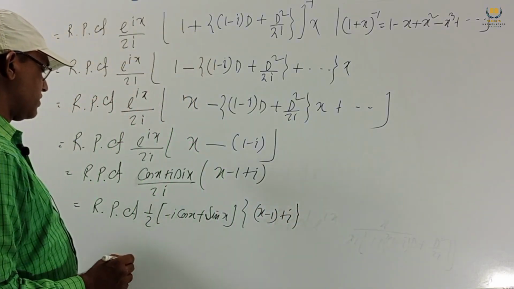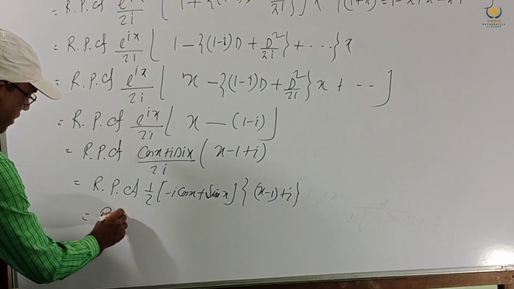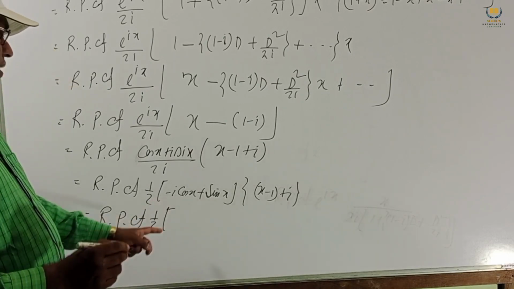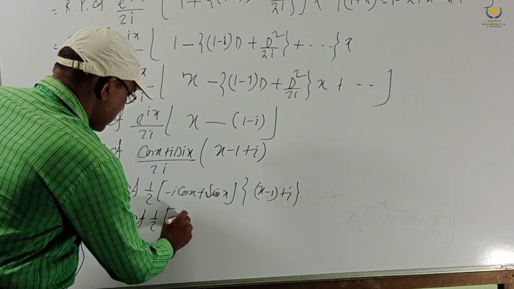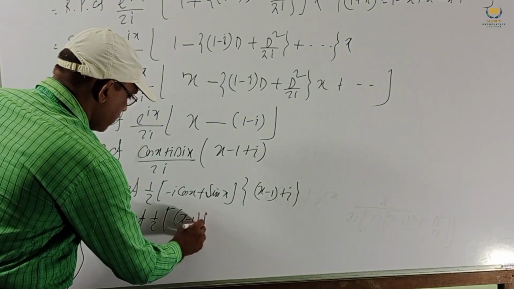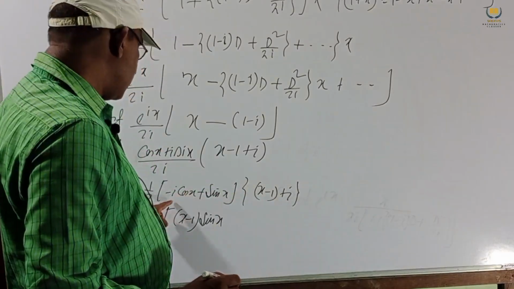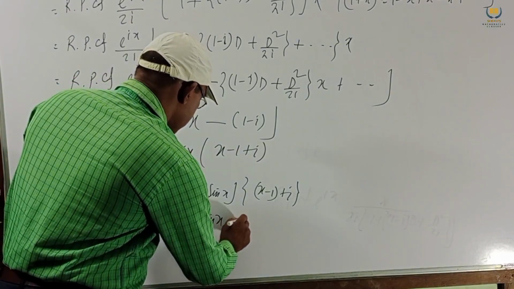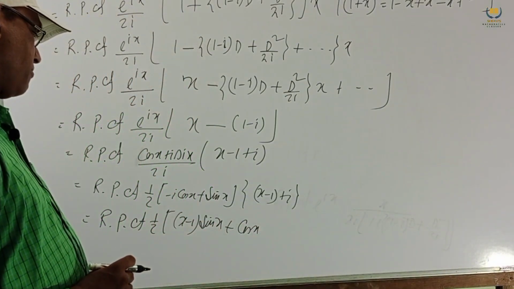We get this one. Now multiplying this, real part of 1 by 2 remains the same. If we multiply, then this and this we get real: (x minus 1) into sin x we get real, and i square is minus 1, so this is plus 1 plus cos x. This is real.